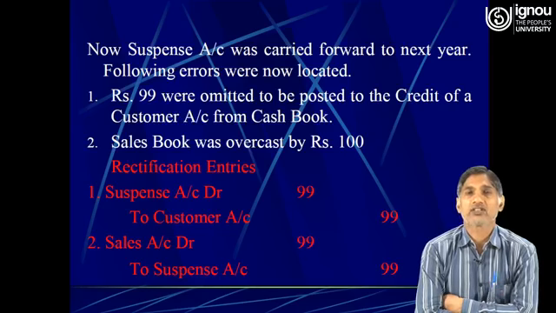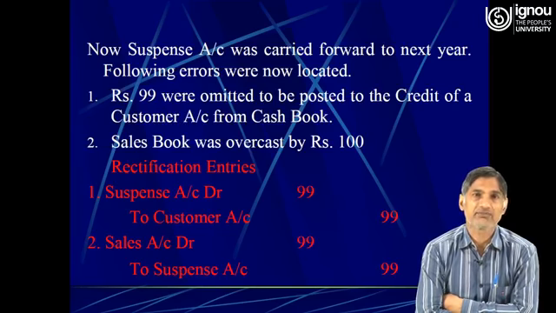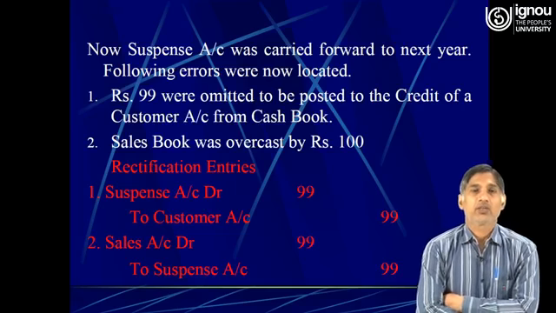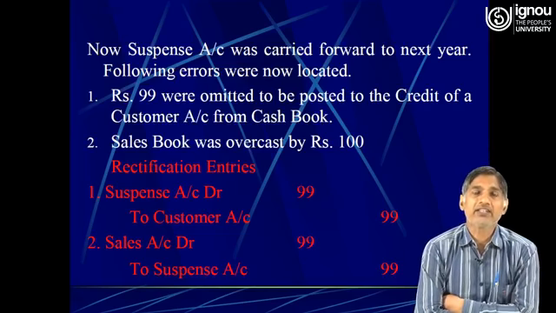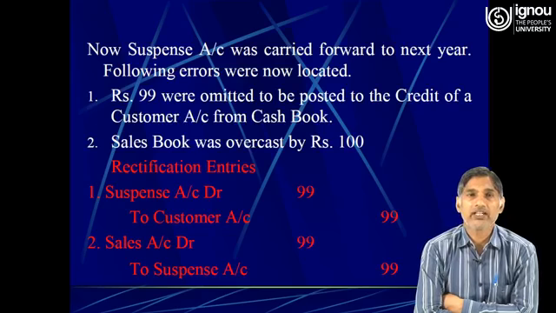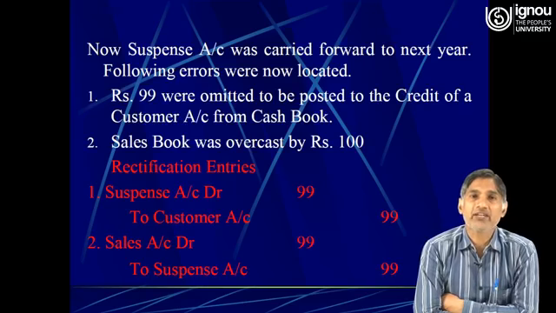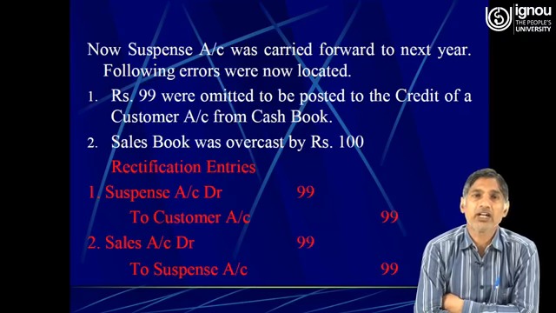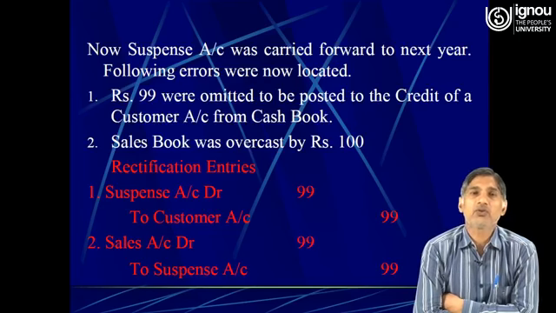Following errors were located. The first one is rupees 99 were omitted to be posted to the credit of a customer account from cash book. So we omitted to record rupees 99 in the credit side of customer account.